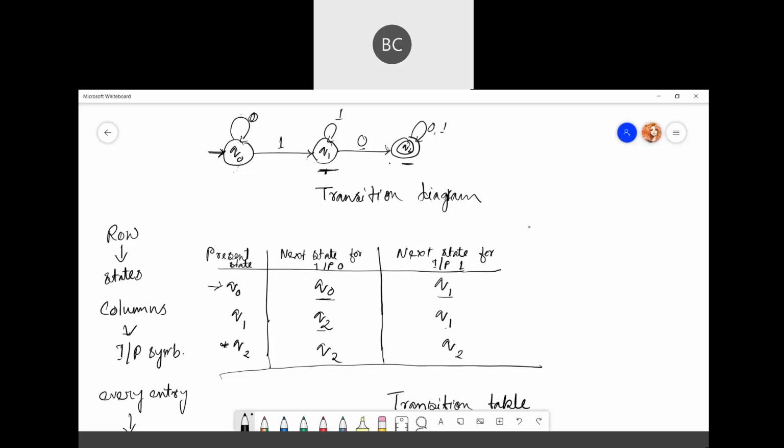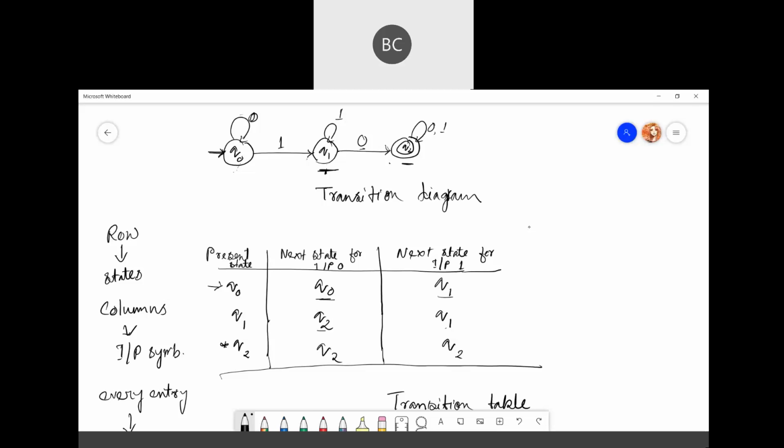For DFA, all finite automata accept some strings and tell you whether the language is accepted or rejected. You can design or construct the FA with the help of a transition diagram, which is nothing but a digraph or directed graph with nodes or circles and arcs. Your nodes will represent the states and the arrows will represent the transition to the next state with the help of the input symbols.